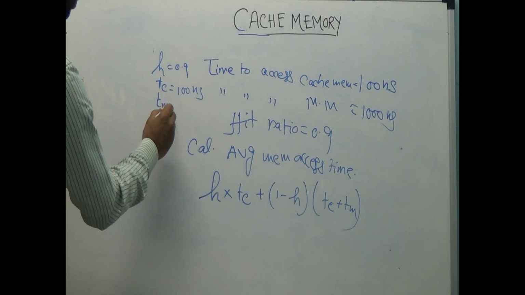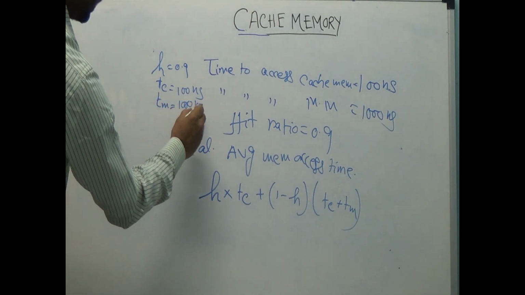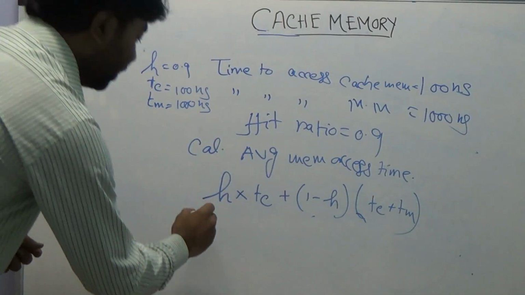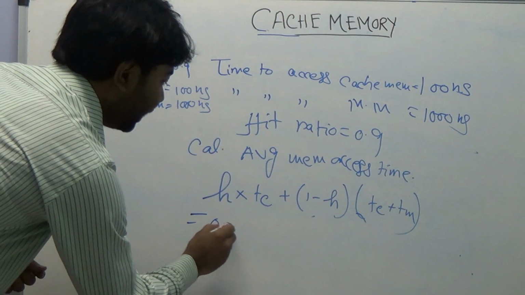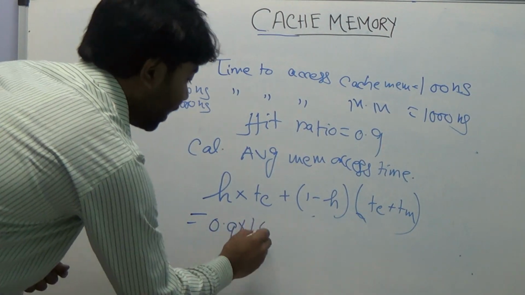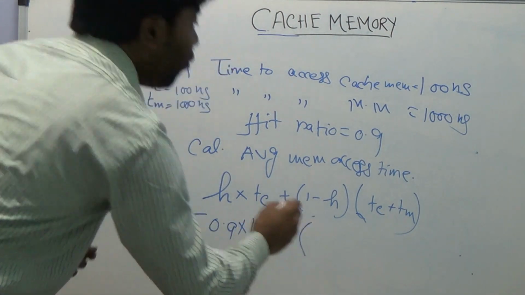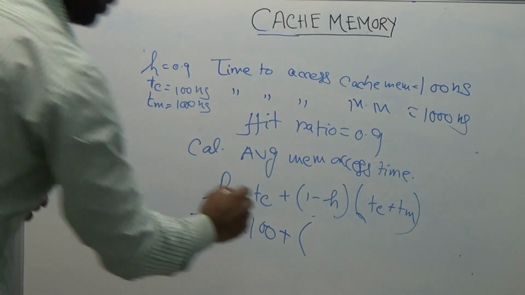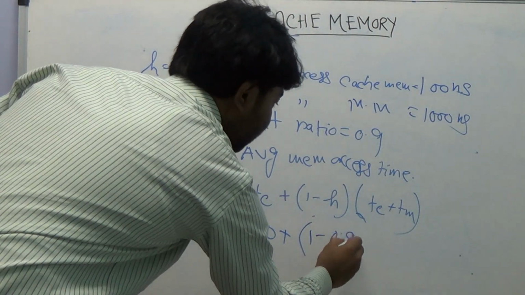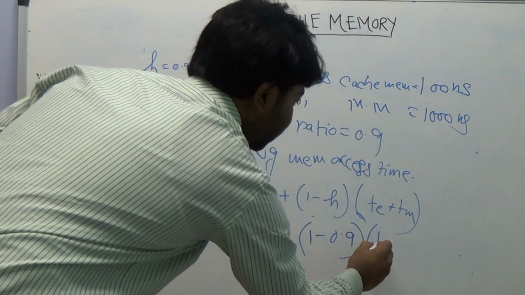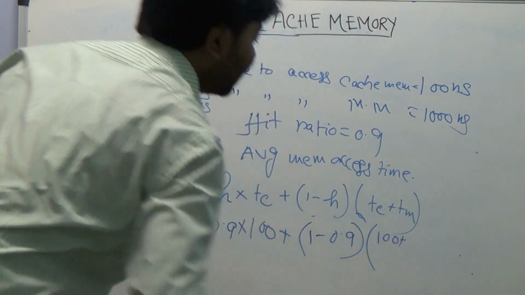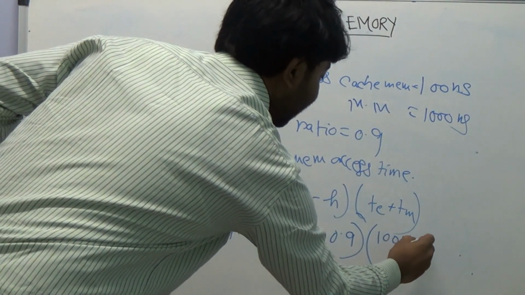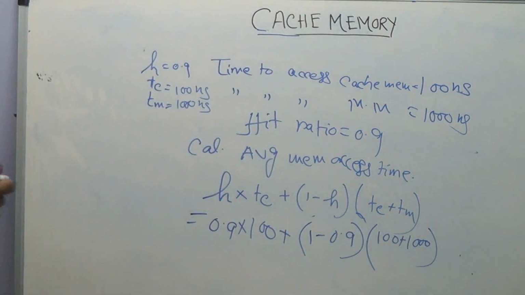Time to access from main memory equal to 1000 nanosecond. We put this value here. So equal to 0.9 into 100 plus 1 minus H. 1 minus H is also known as miss ratio. So 1 minus 0.9 into Tc, time to access cache memory, that is 100 nanosecond, plus time to access main memory, that is 1000 nanosecond.